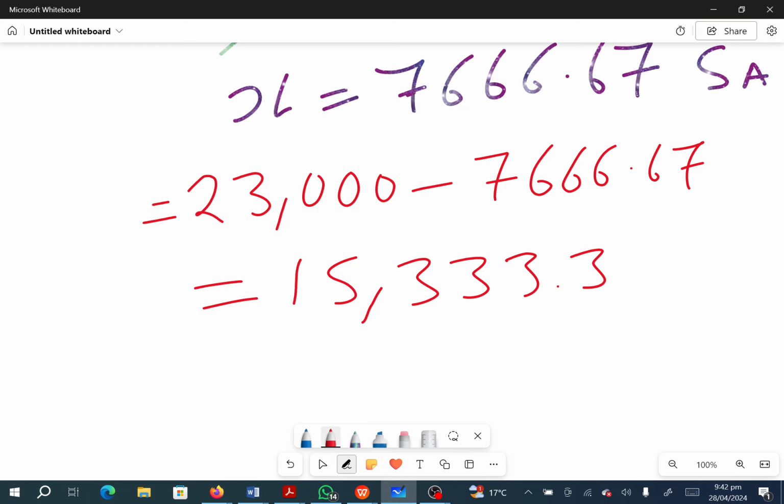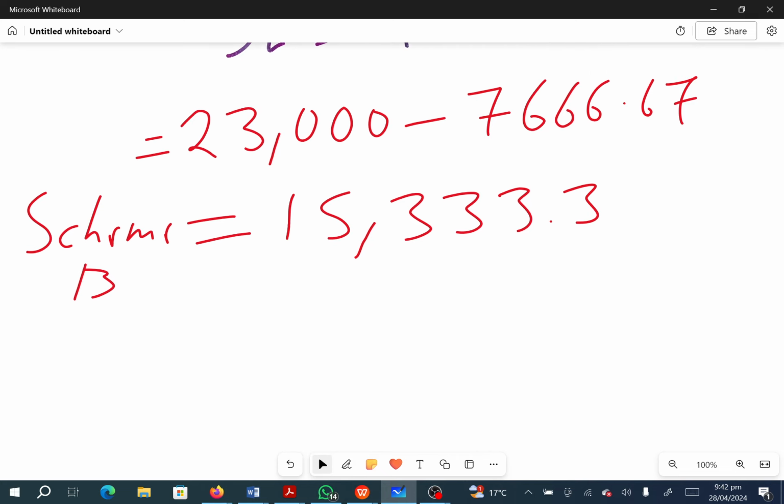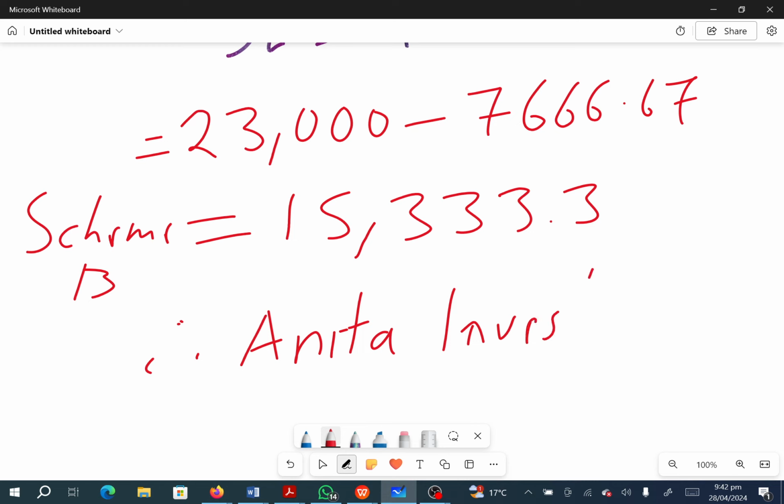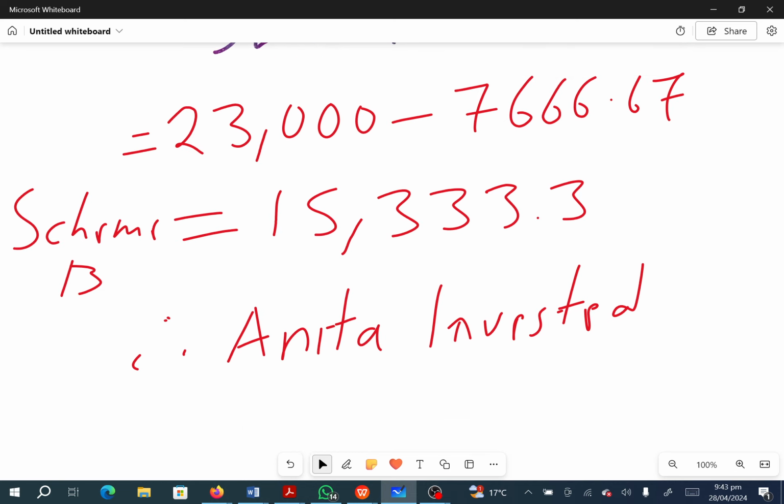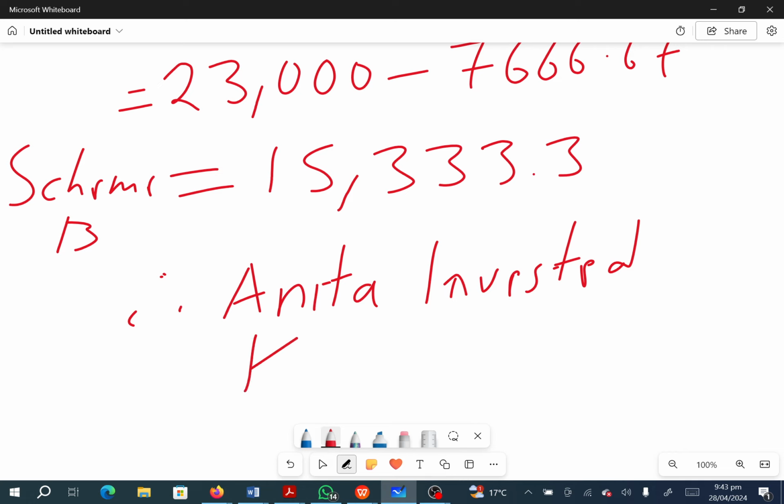So therefore this is scheme B. We shall say therefore Anita invested, now you indicate the value in kwacha, since we are using kwacha, 15,333.33.